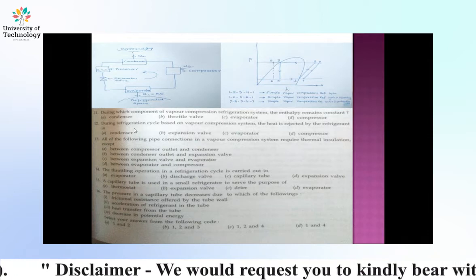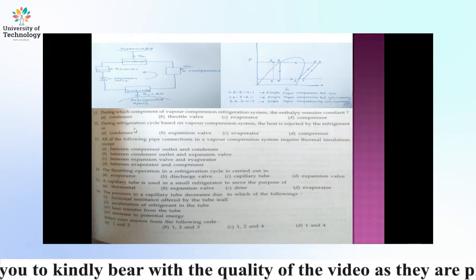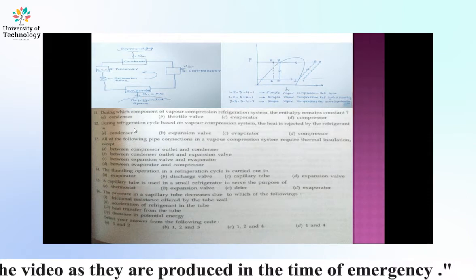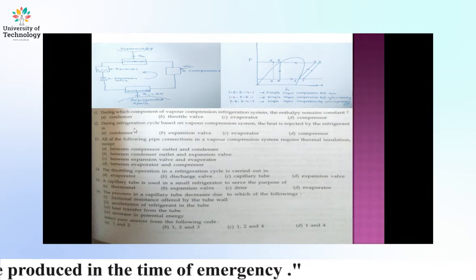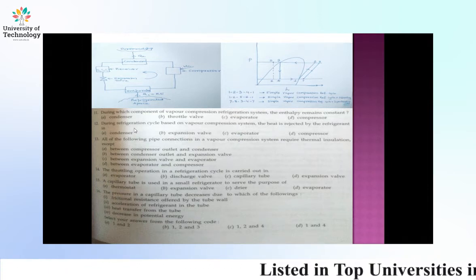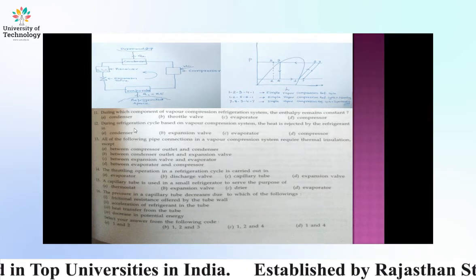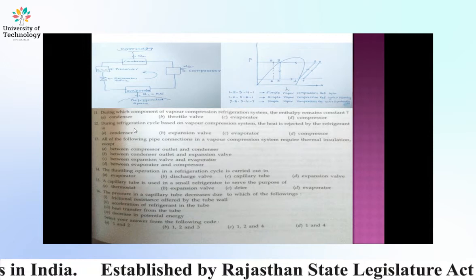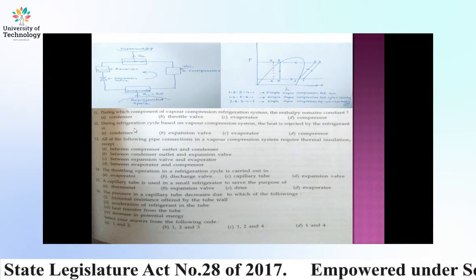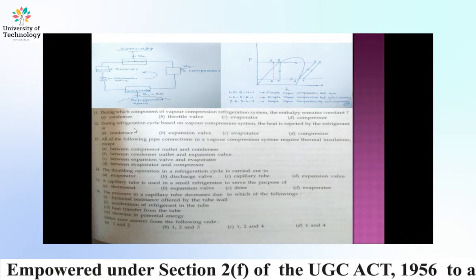As we know, at the compressor outlet or at the inlet of condenser, the temperature of refrigerant is very high. So heat is rejected to the surrounding. Heat is required to be rejected to the surrounding. So there is no need of insulation at the pipe connected at the exit of compressor or at the inlet of condenser.